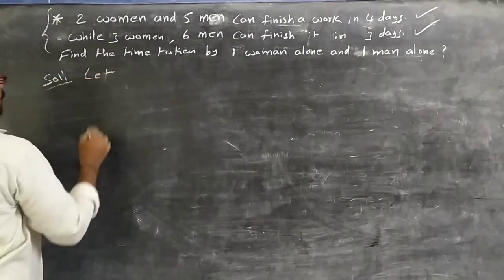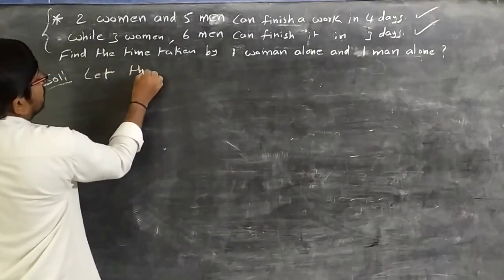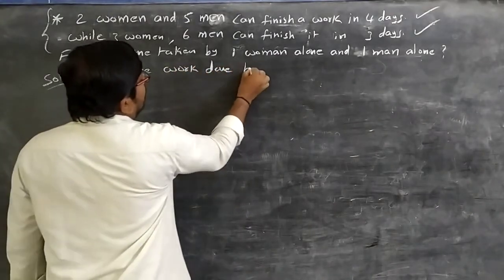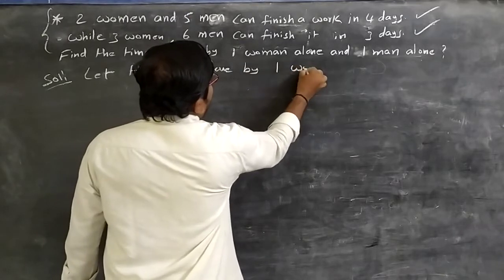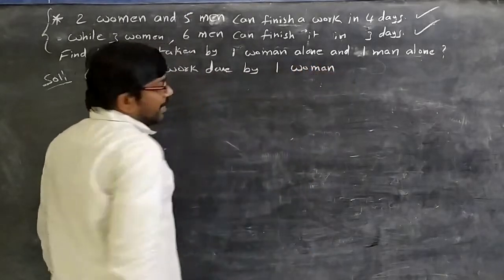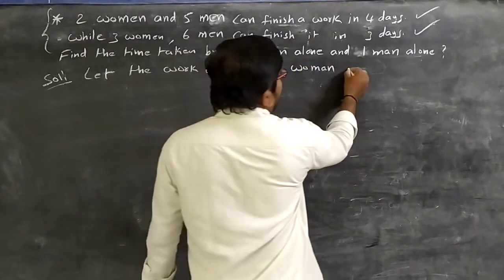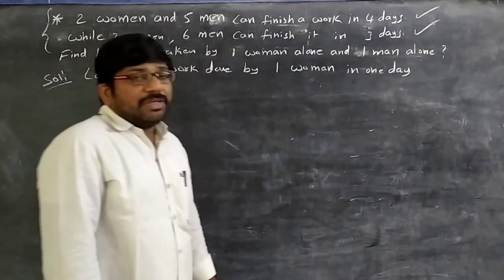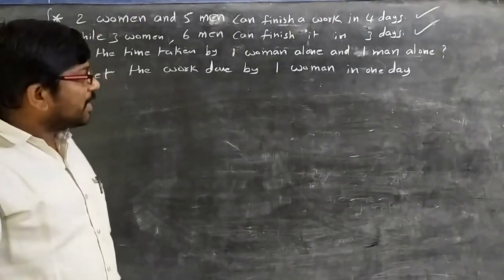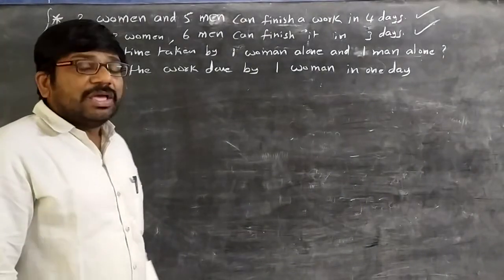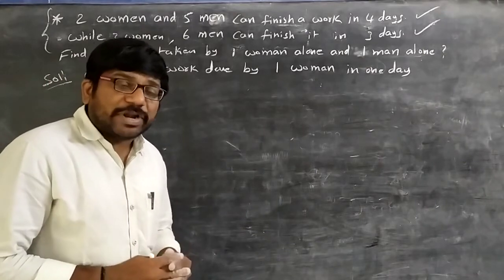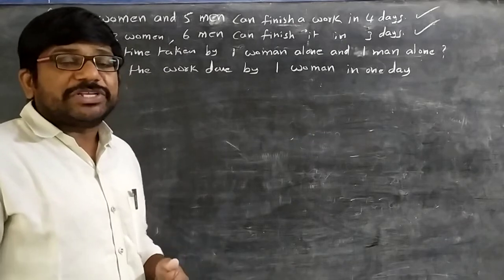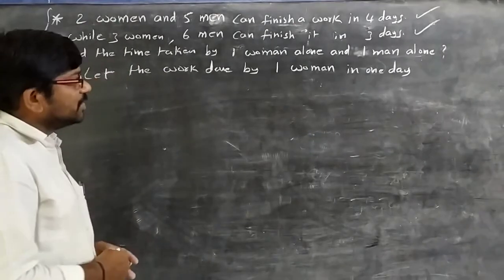Let the work done by one woman in one day be... Observe carefully. Work done by one woman in one day means what portion of the work is done in one day. So we have to write how much is completed in one day, right?